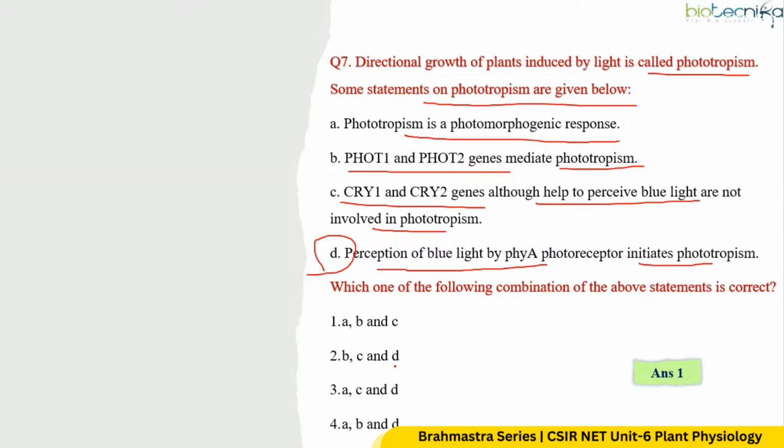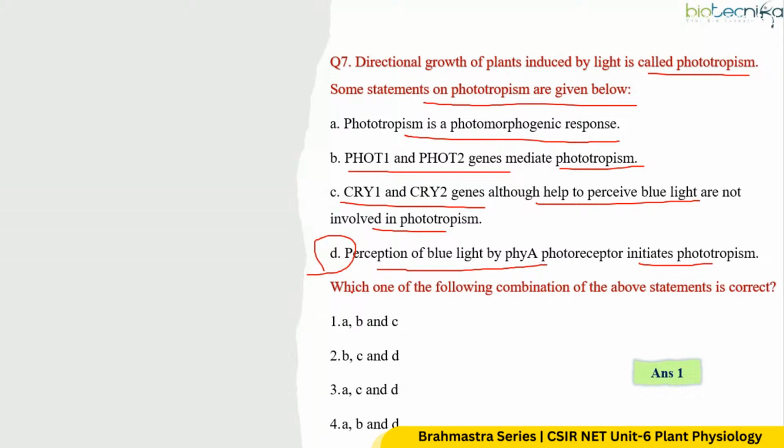Purnima and Sarita, any inputs from your side? Joshna, any inputs? Why is D incorrect? Kalki, I hope you are able to understand. You meant D is correct. Okay, I'll come to the explanation shortly.